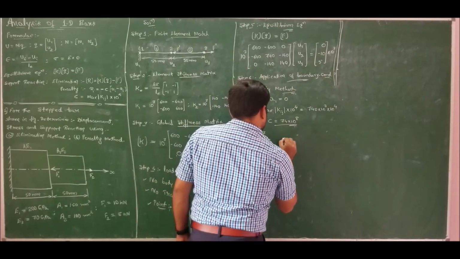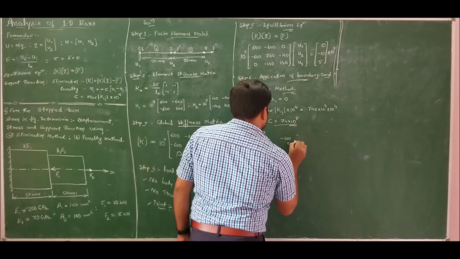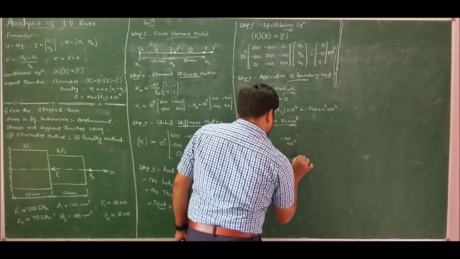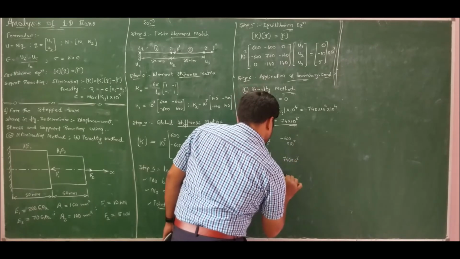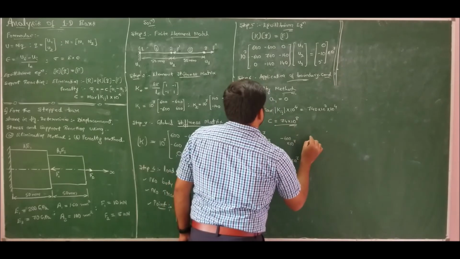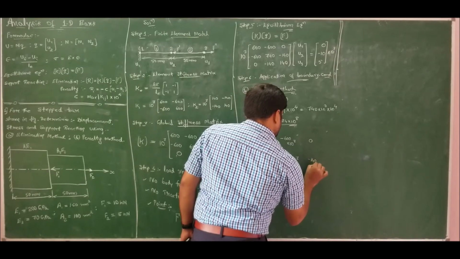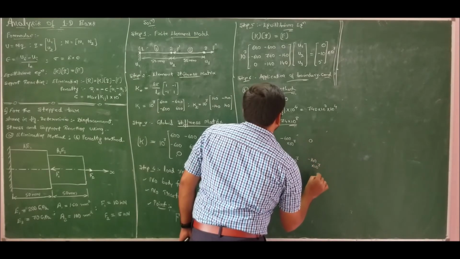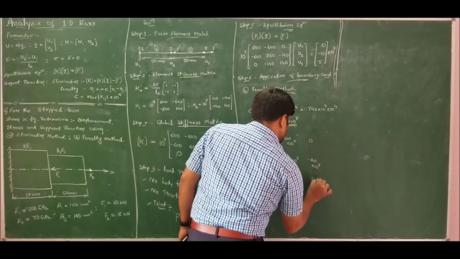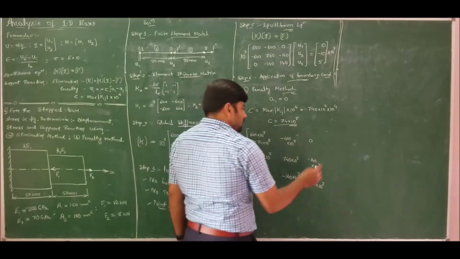Here we have minus 600 times 10 to the power of 3, 740 times 10 to the power of 3, minus 140 times 10 to the power of 3, and next 0, minus 140 times 10 to the power of 3 and plus 140 times 10 to the power of 3. I don't know A3, so I should not add any value to K33.